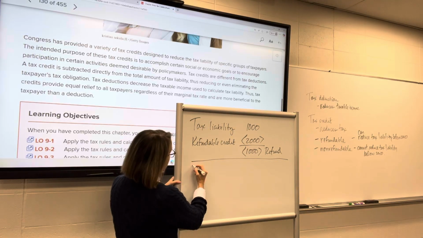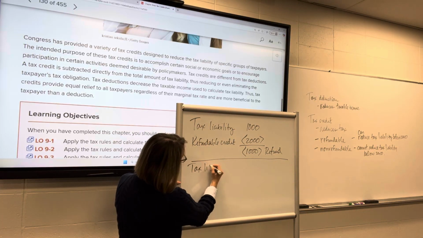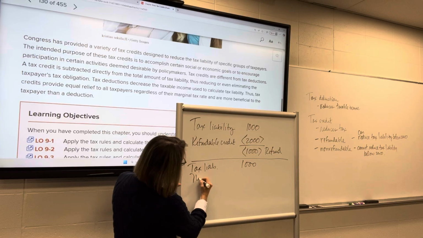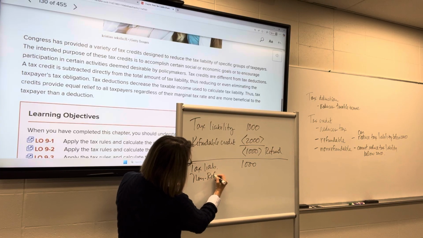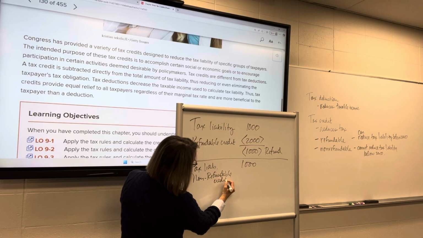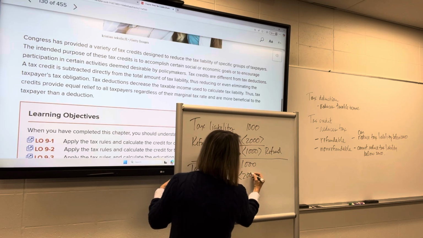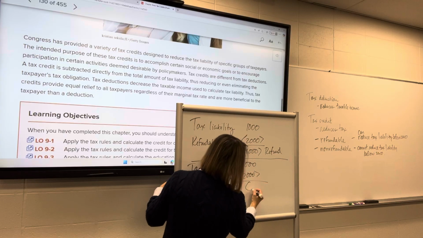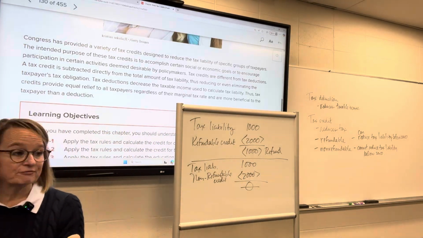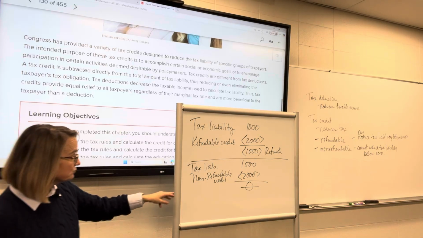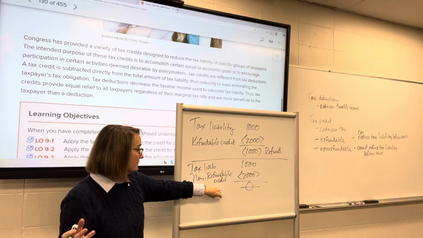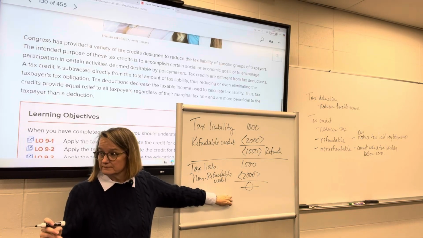If you have a tax liability of $1,000 and you have a non-refundable credit of $2,000, it will not result in a refund of any additional money. Essentially what that means is your credit is limited to whatever that tax liability is.